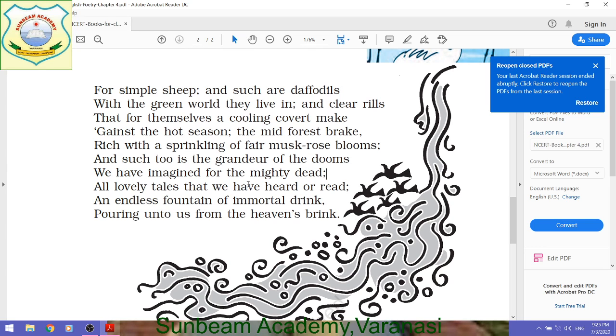If you don't know the meaning of those words, then 10 words, maximum 10 hard words along with their meanings, you can write on the first page of this chapter. And that is important. You don't have to only write, rather you learn that. In this way you can enhance your vocabulary.